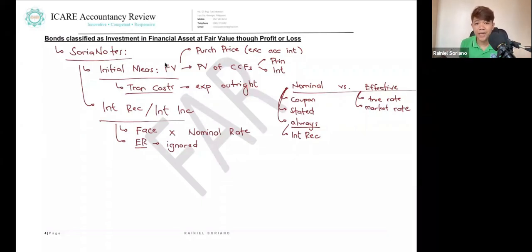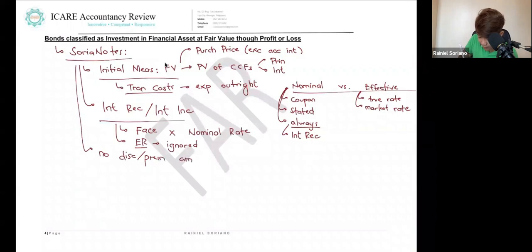Well, here in FVPL, we have no problem with that because in FVPL, there will be no discount or premium amortization. Always remember, when FVPL, there will be no premium nor discount amortization. That's why here in FVPL, we don't yet feel the difference between effective and nominal. But later, in our second and third classifications, we will feel the difference between the two. Continuing my example, the effective interest rate is also what we call the yield rate.